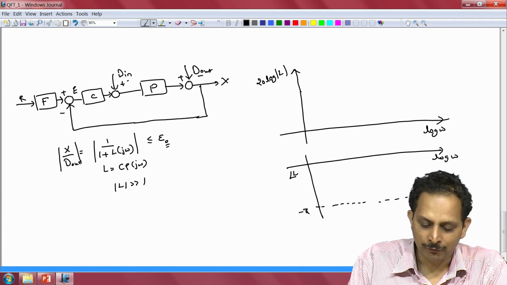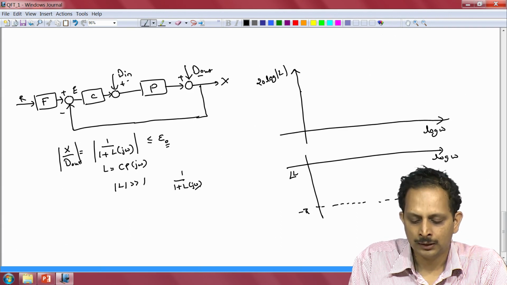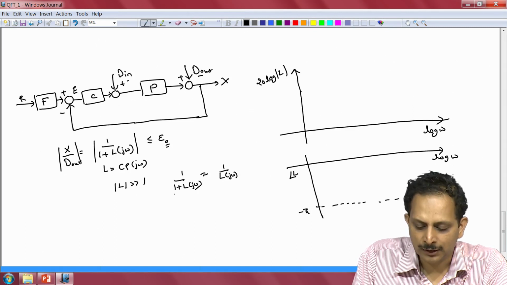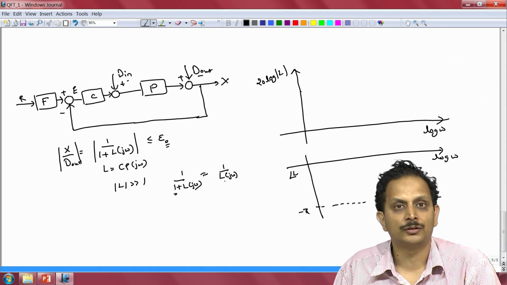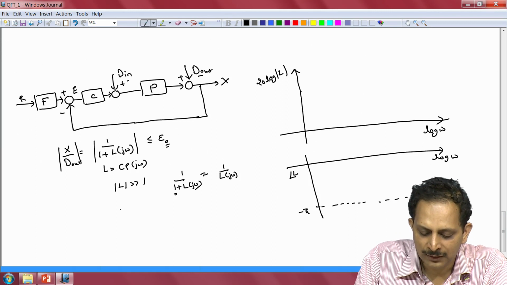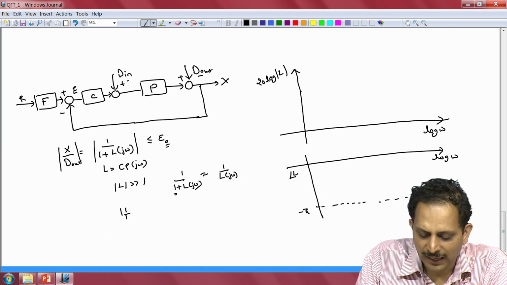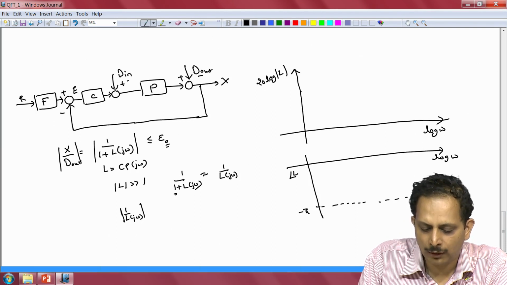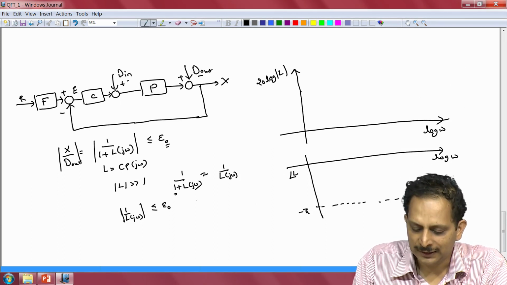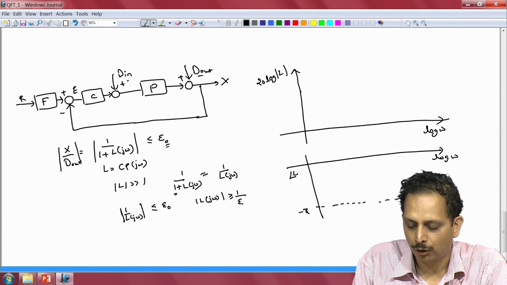In this limit, we can approximate 1 by 1 plus L of j omega as approximately 1 by L of j omega, ignoring the term 1 in relation to the magnitude of the loop gain L. The corresponding performance constraint on the loop gain is that the magnitude of 1 by L of j omega should be less than or equal to epsilon O, or equivalently the magnitude of L of j omega should be greater than or equal to 1 by epsilon O.